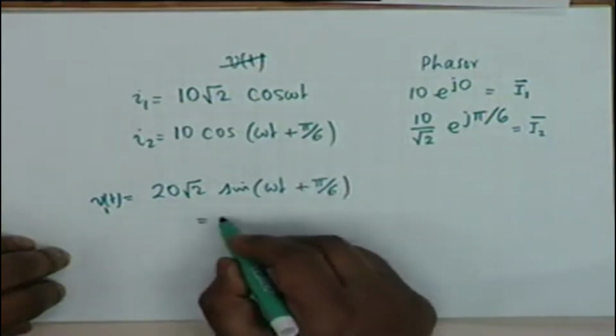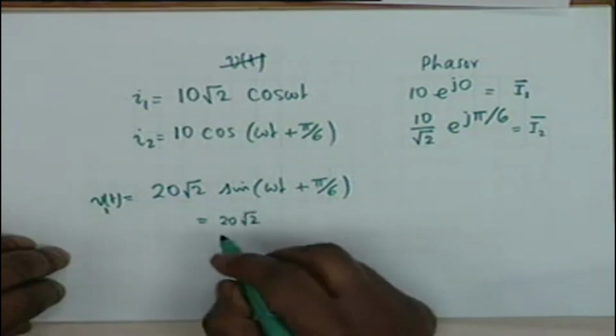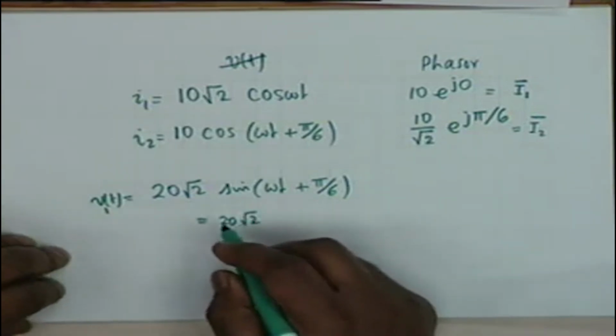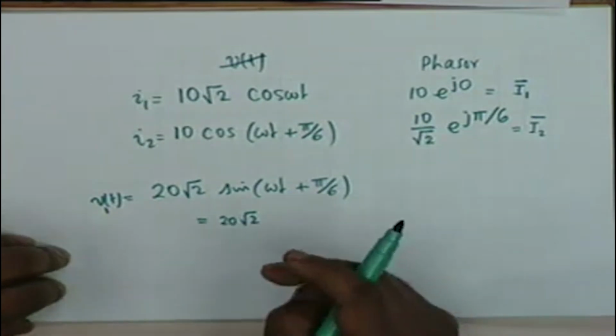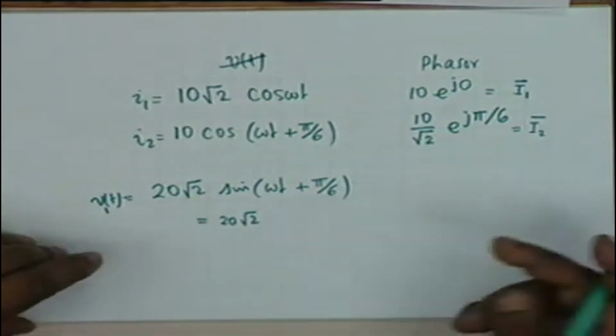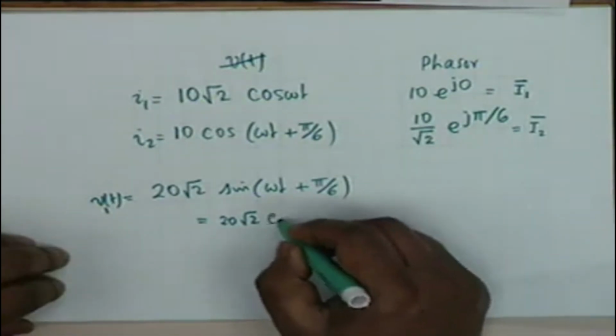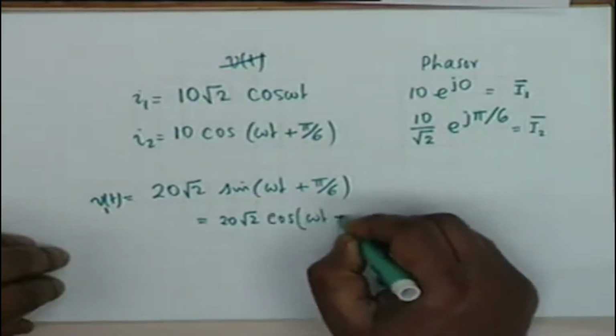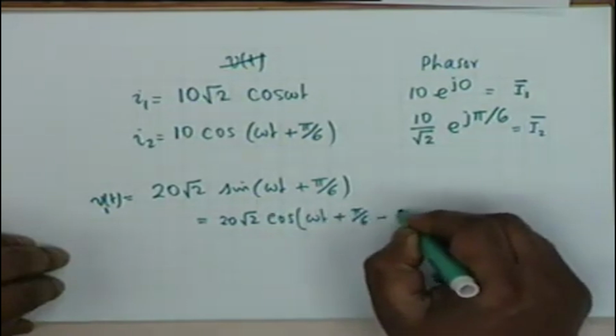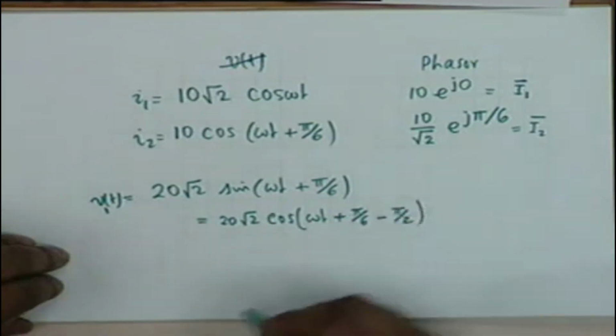Now sine can be written in terms of cosine by subtracting 90 degrees, since cosine(90 minus theta) is equal to sine theta. Therefore I could write this as omega t plus pi by 6 minus pi by 2.